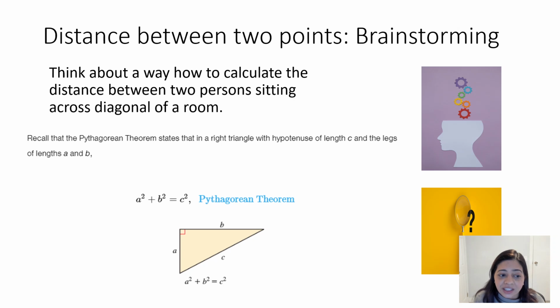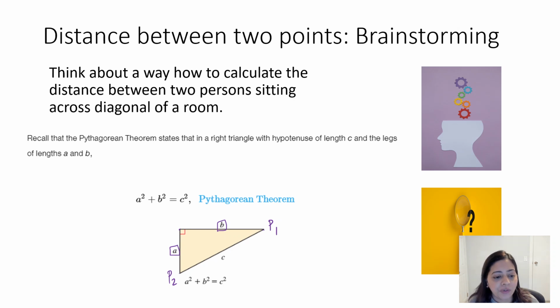Here we have the answer. The Pythagorean theorem from trigonometry helps us get the answer. Suppose one person was here, another person was here in the room, diagonally opposite to each other. You could know the dimensions of the room, how far this person is from this corner and how far that person is from that corner.